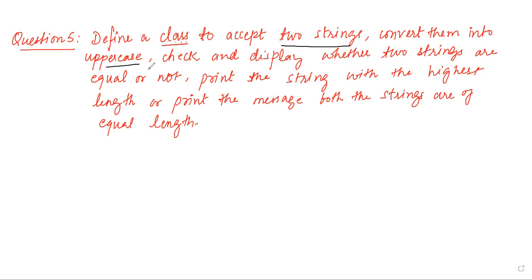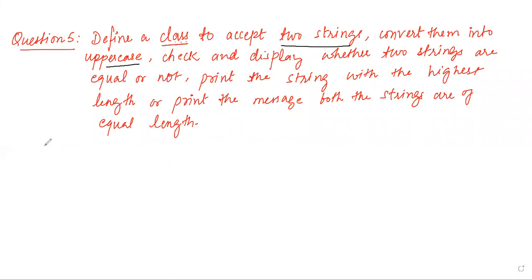But if they are not in uppercase, you have to use the separate function, that is equalsIgnoreCase. Now next part, what you have to do, you have to display whether two strings are equal or not, and print the string with the highest length also, or print the message that both strings are of equal length, if they are of equal length.